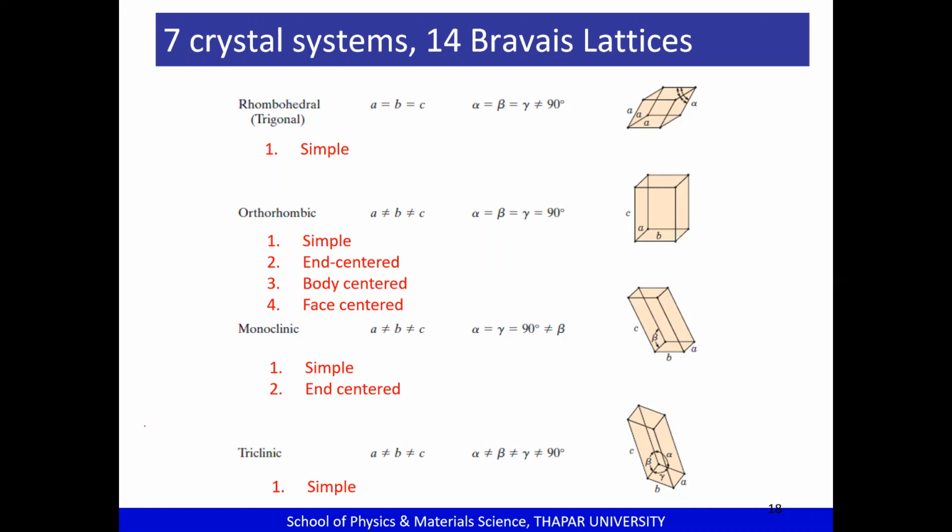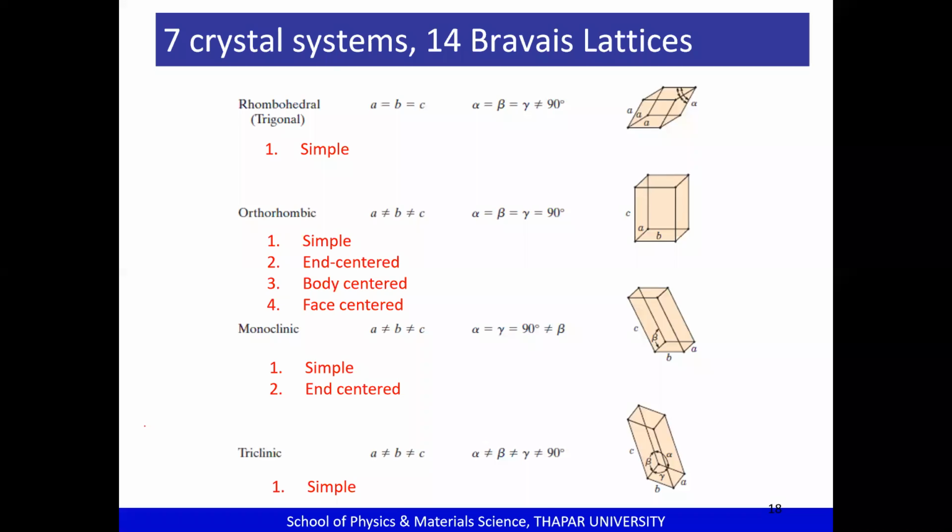So overall, a solid in crystalline form can belong to one of the 7 crystal classes or to one of the 14 Bravais lattice types.